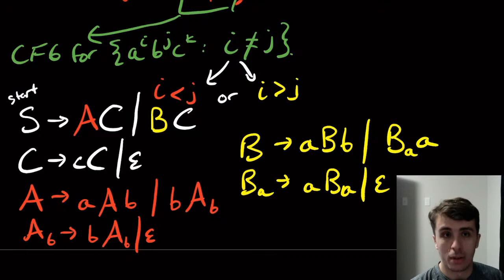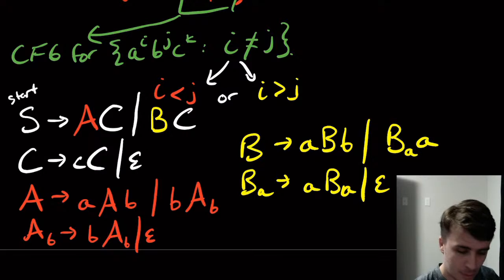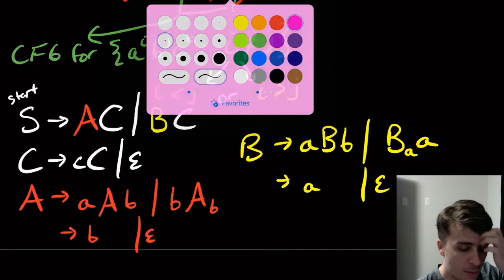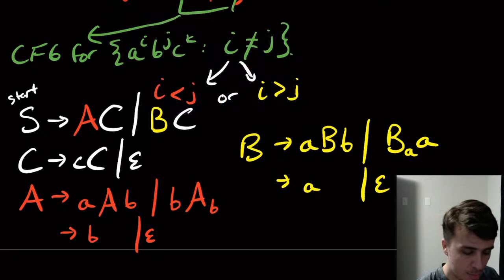Okay, so that was actually kind of a complicated grammar. Actually, what I should do is change the name of these. I didn't like the subscript because it kind of looks like the rule above them. So I'm going to have them be x and y.